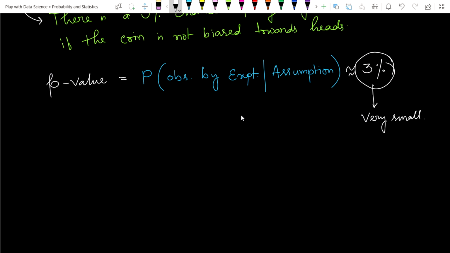And these assumptions are in general called the null hypothesis, and this value is called the p-value.